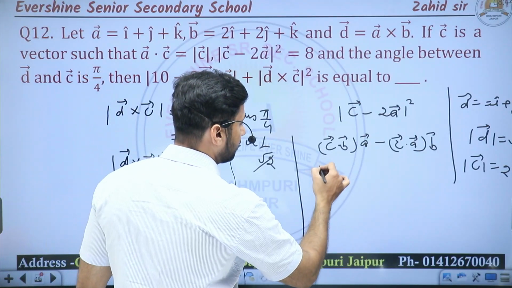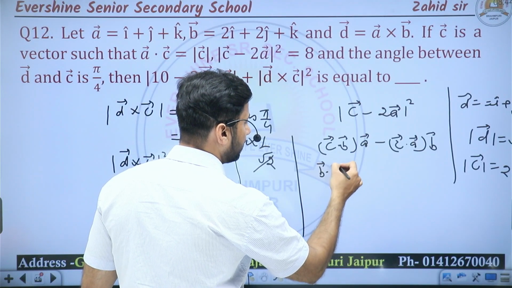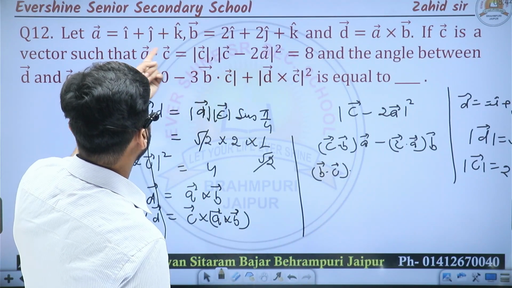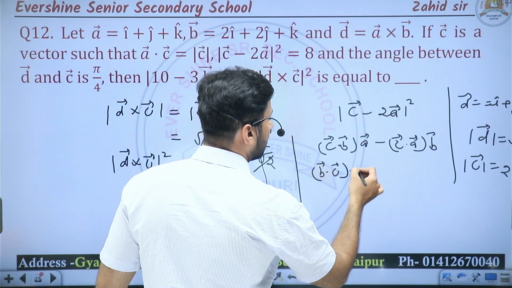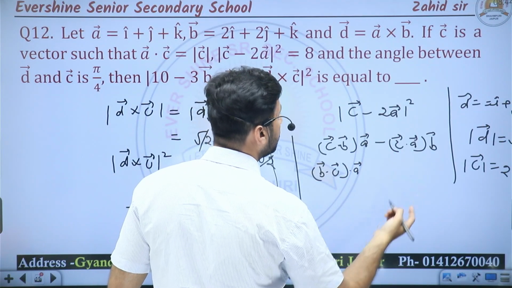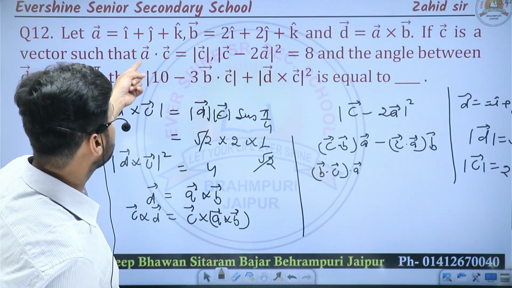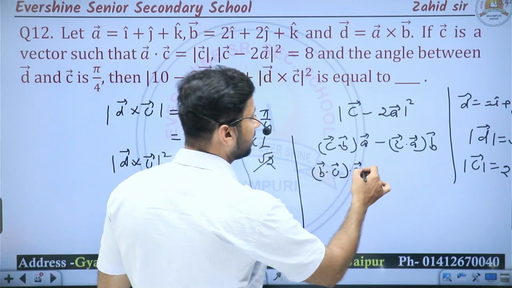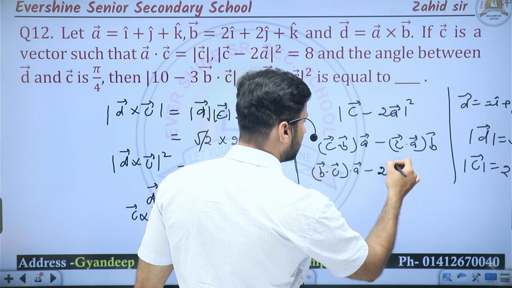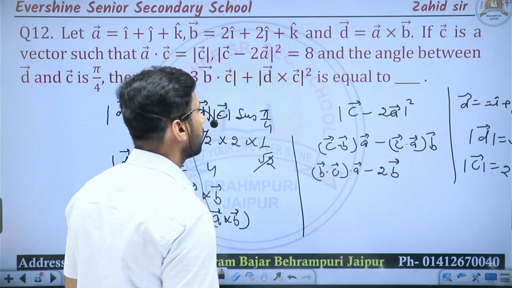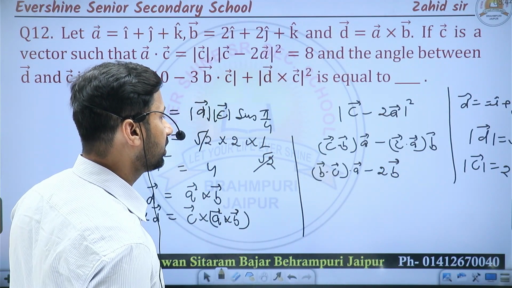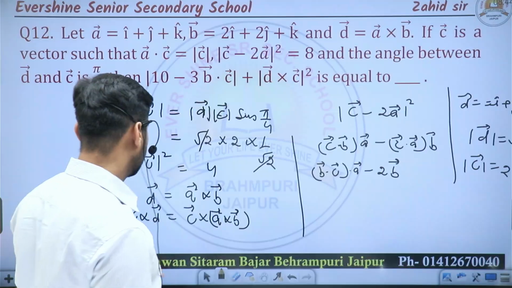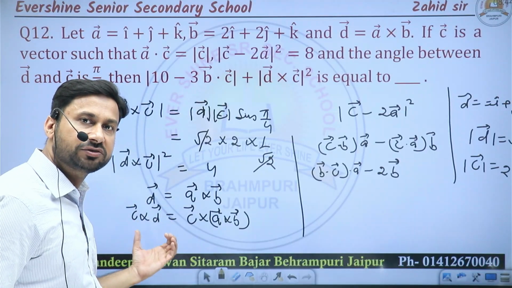I'll leave B dot C multiplied with A as it is, this is your vector A. Now C dot A is mod of C, which is equal to 2, so this can be written as 2B. So (B dot C) A minus 2B is the value of C cross D.